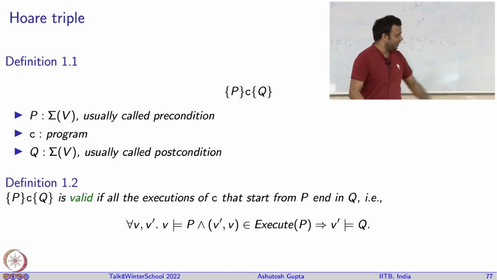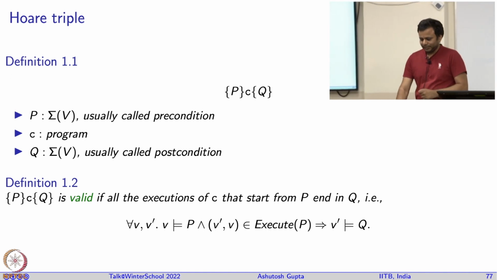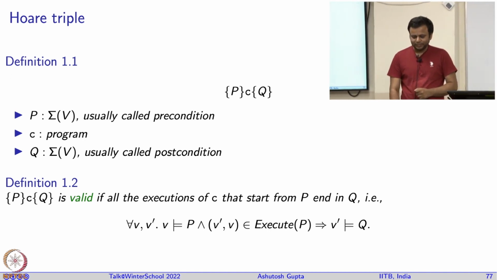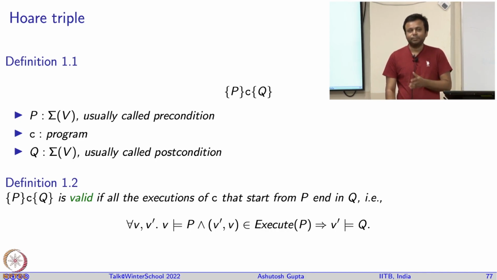Logically, I am saying the same thing: if the start of the program is V and you satisfy this initial condition, then if you execute the program from V and land at V prime, then V prime is in Q. This is just a mathematical way of saying the same thing.